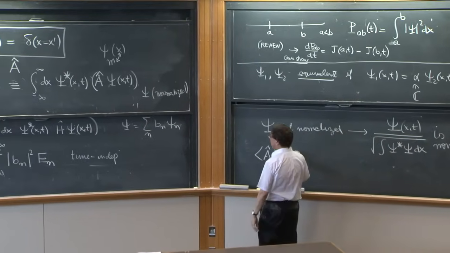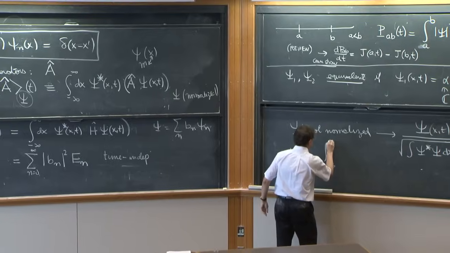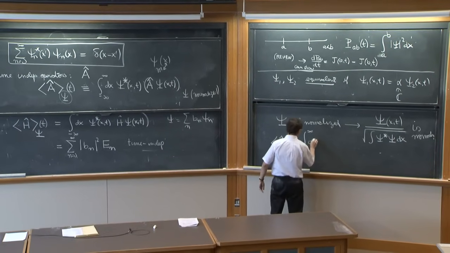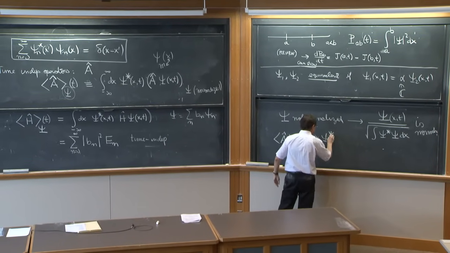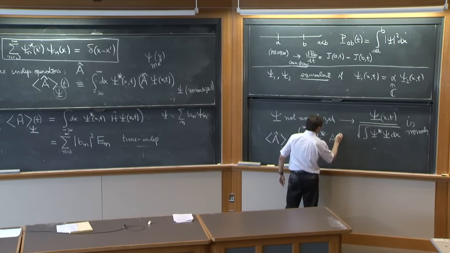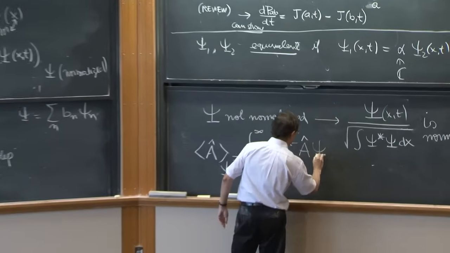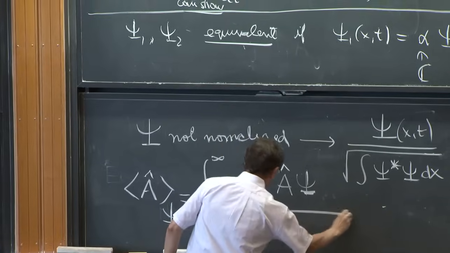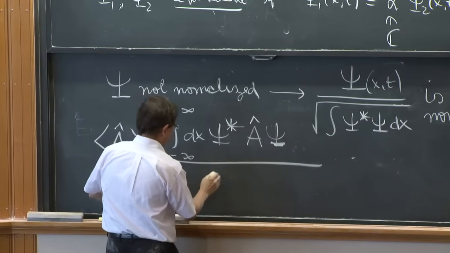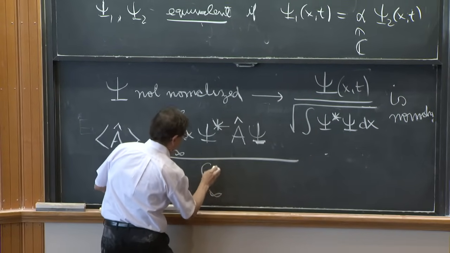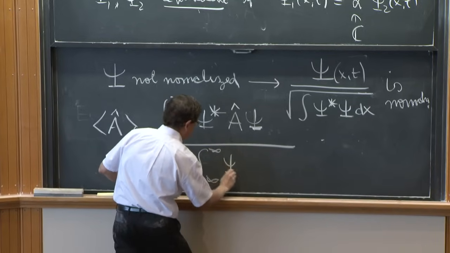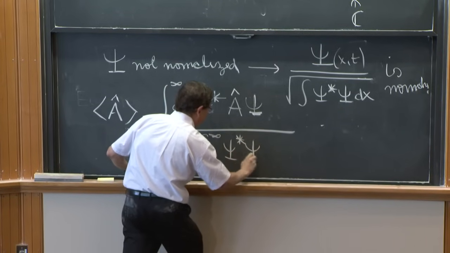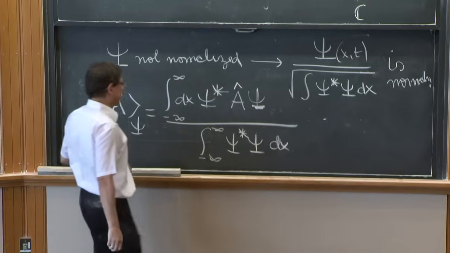So what do I end up with? I end up with the integral from minus infinity to infinity, dx psi star A hat psi, divided by the integral from minus infinity to infinity of psi star psi dx.